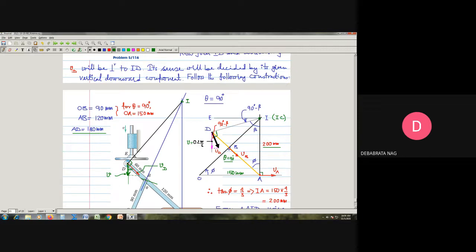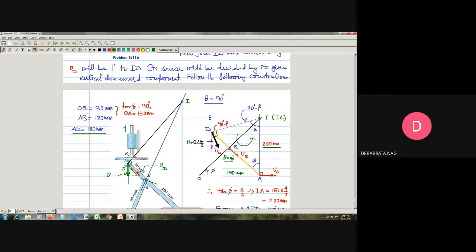So it means that this link ABD is trying to rotate in this direction, that means in the anti-clockwise sense.